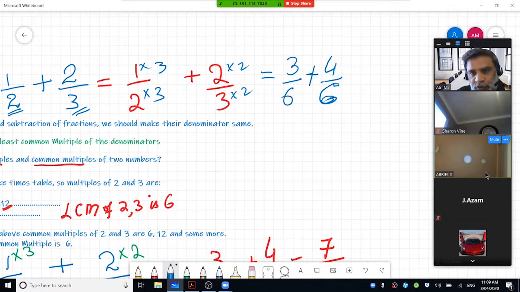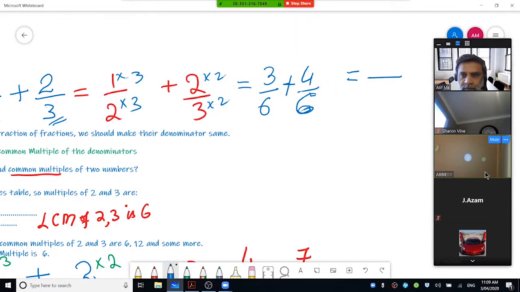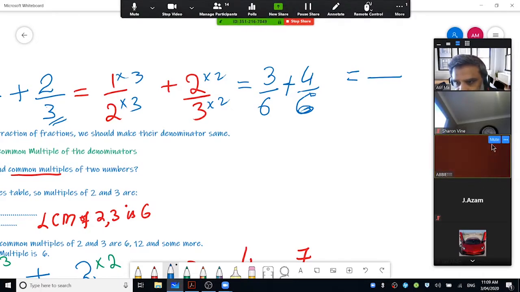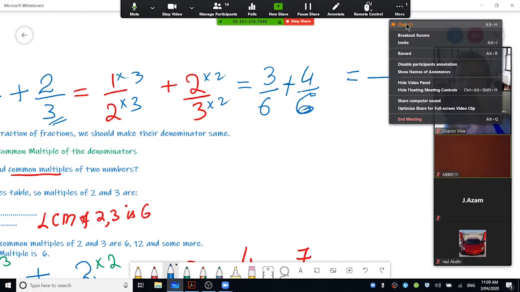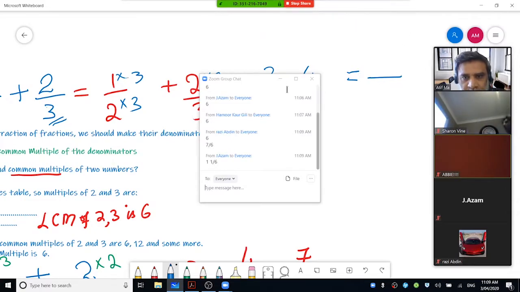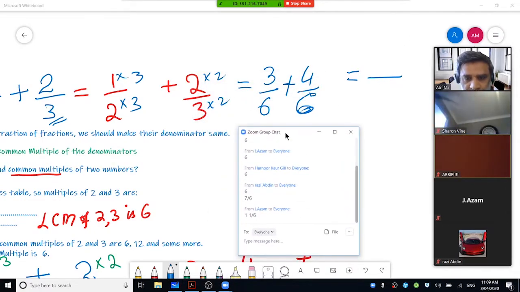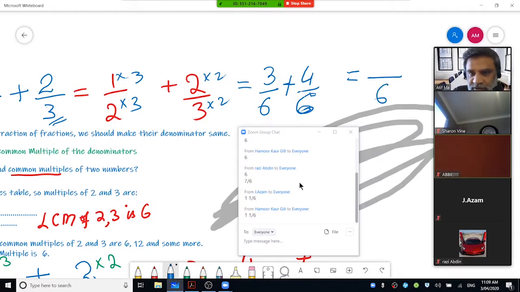So can somebody type in the chat what the answer would be, please? Yeah, so 3 and 4 make 7, and the denominator 6 stays the same.